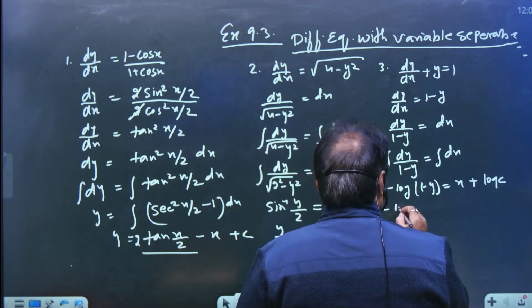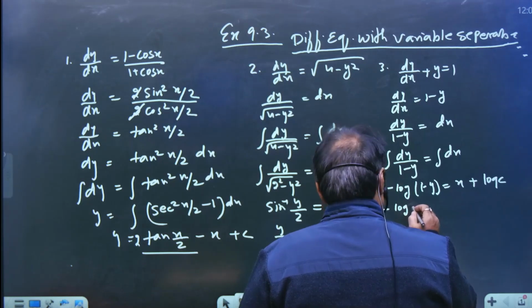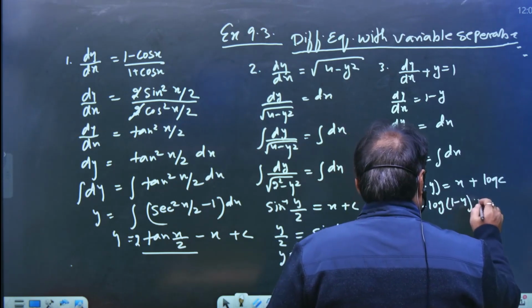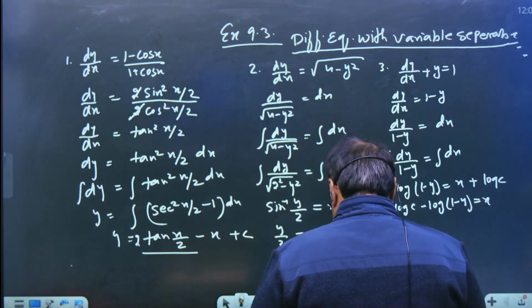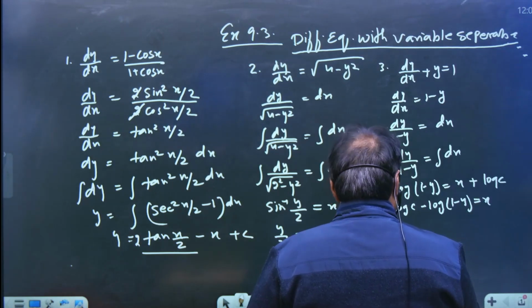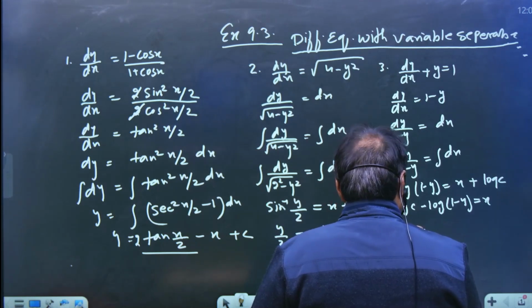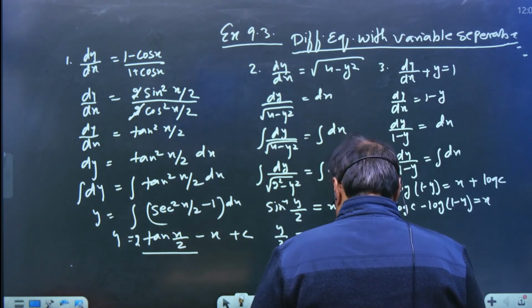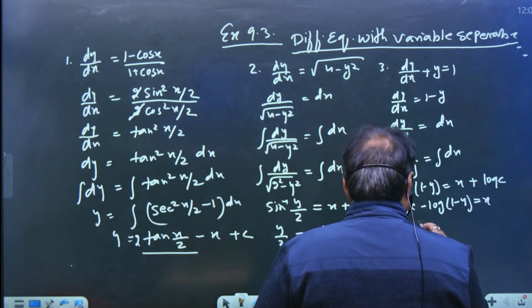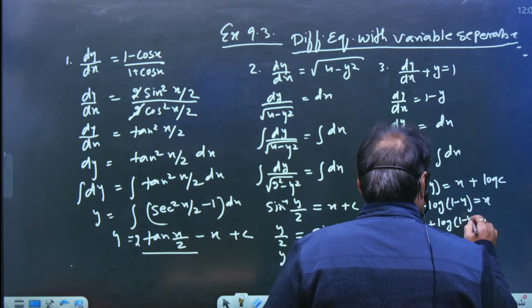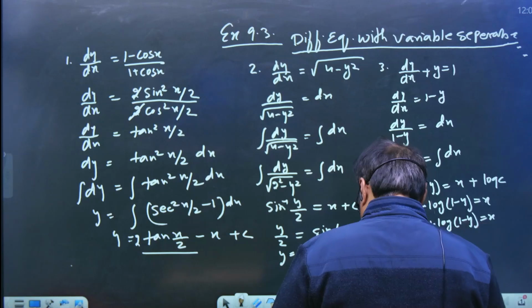So this is minus log c and minus log 1 minus y is equals to x. So now take minus log, take minus as a common, so this is log c plus log of 1 minus y is equals to x.